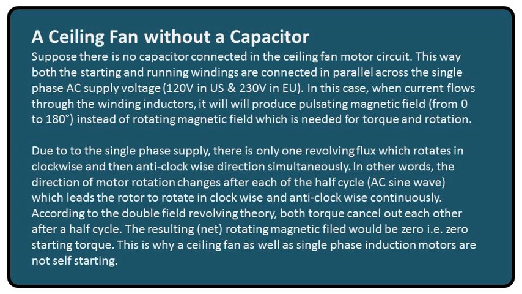Due to the single-phase supply, there is only one revolving flux, which rotates in the clockwise and then anti-clockwise direction simultaneously. In other words, the direction of motor rotation changes after each half-cycle of the AC sine wave, which leads the rotor to rotate clockwise and anti-clockwise continuously.